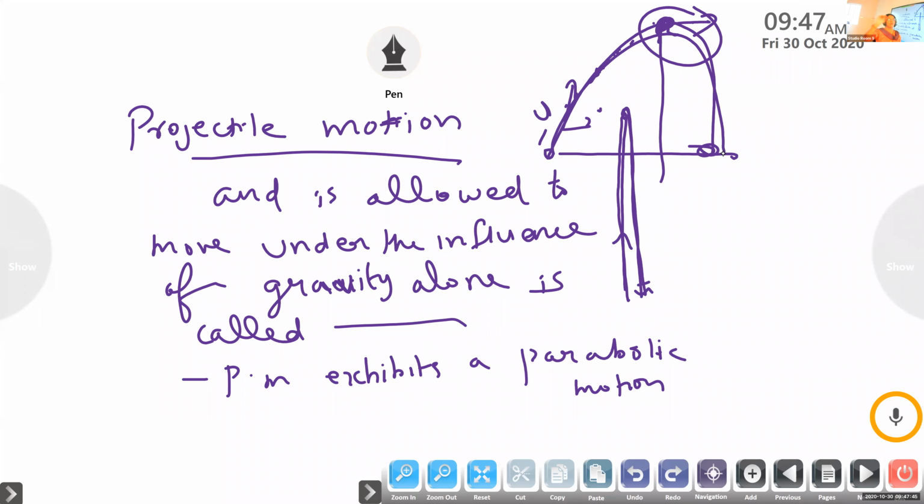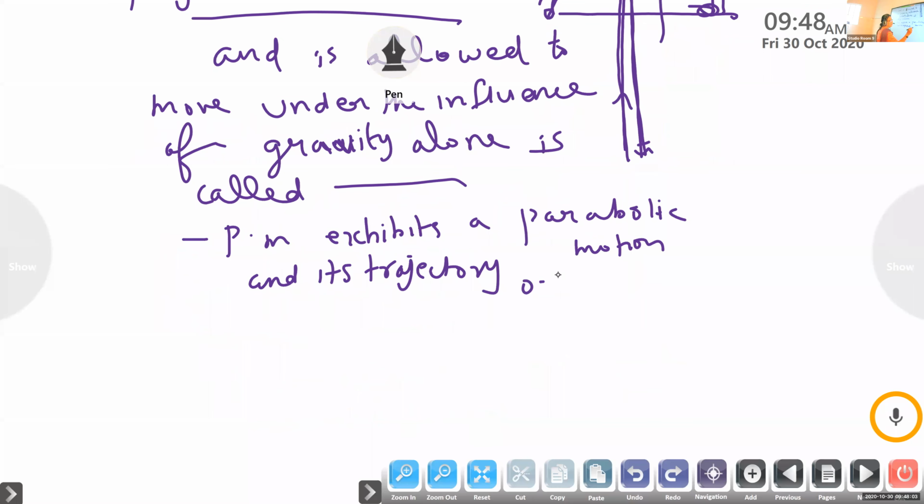The motion of that ball or a stone forms a parabola, so it exhibits a parabolic motion, and its trajectory, trajectory means path, is a parabola. So projectile motion is known as parabolic motion, and its trajectory, the path in which the object is moving, is a parabola.